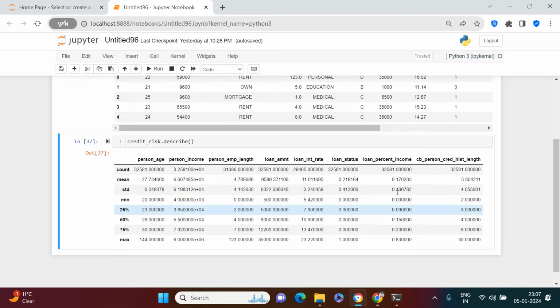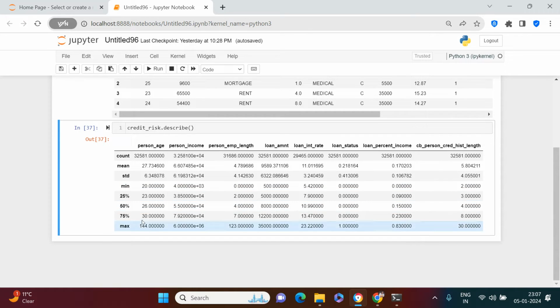Loan percent income is nothing but the debt to income ratio, right? And the person credit history length is how long the credit history has been for this person. So the maximum is 30 years, so this person has a 30-year-long credit history.